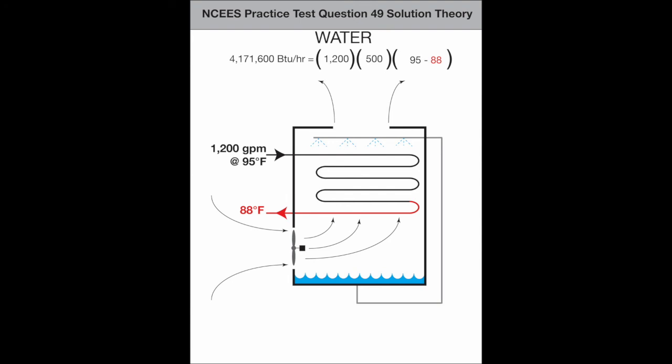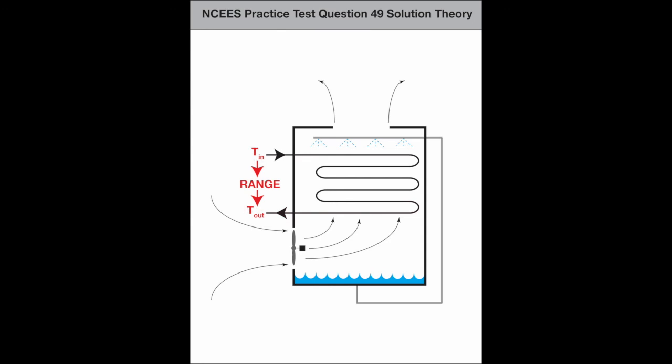It's worth noting that when you're doing this, you're solving for what is technically called the range, that is, the delta T of the water cooled by the cooling tower. Another key term for cooling towers is the approach. That's the difference between the entering air temperature here and the exiting water temperature here.